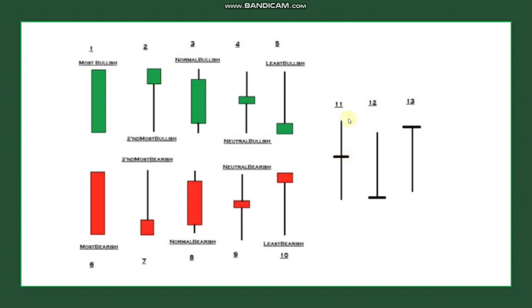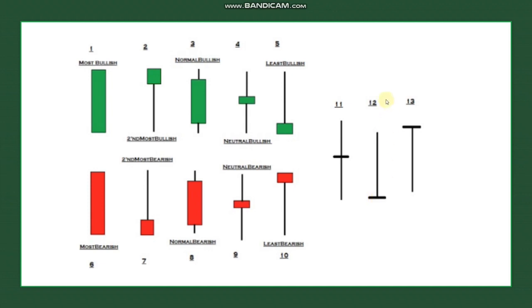Still, I would like to throw some light. Number 11 shows pure indecision, because when it went up and when it went down, it got rejection and ultimately closed in the middle. Number 12: when it tried to go up, it faced rejection, and the open price, closing price, and low price are the same.